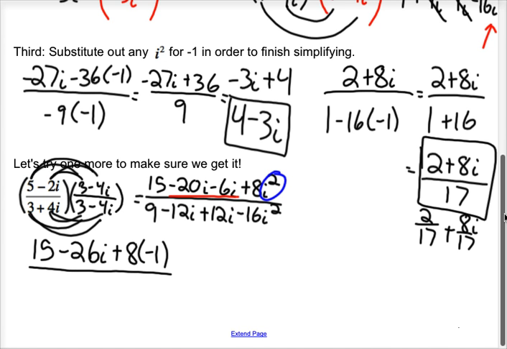On the bottom, I have my 9. And now, negative 12i plus 12i ends up completely canceling out. That's the point of the complex conjugate, is you should see that pattern always happen in the denominator. It should completely cancel out. And I have another i squared, so I'm going to switch that with a negative 1.